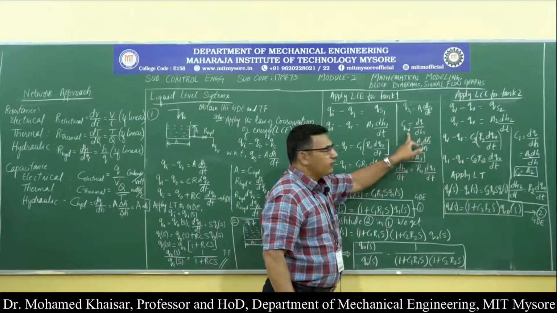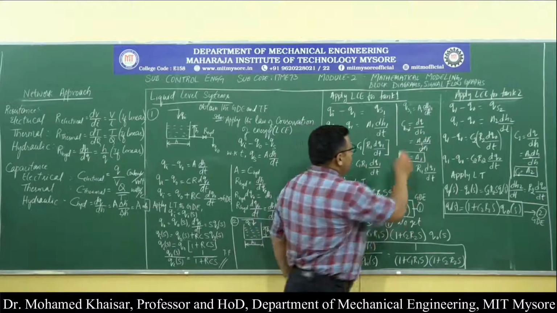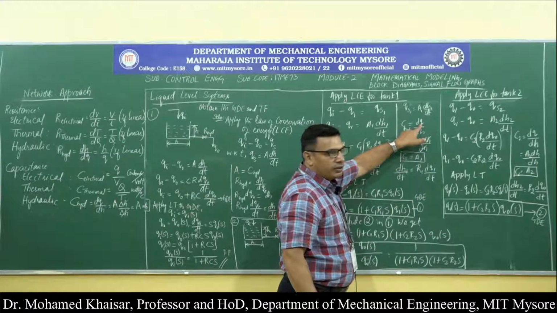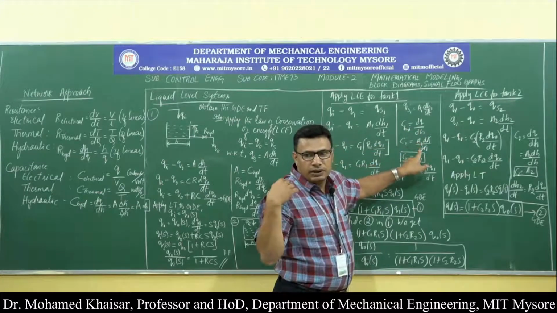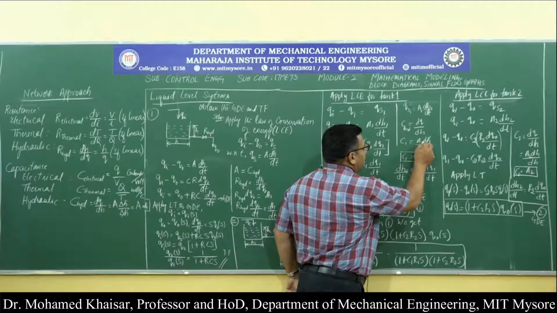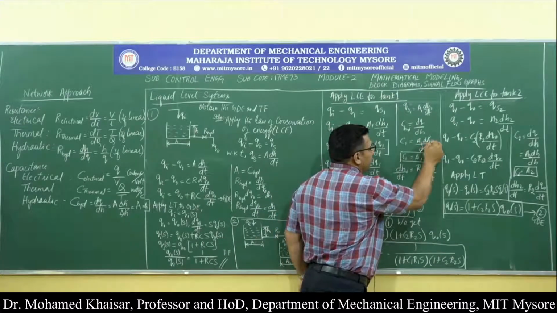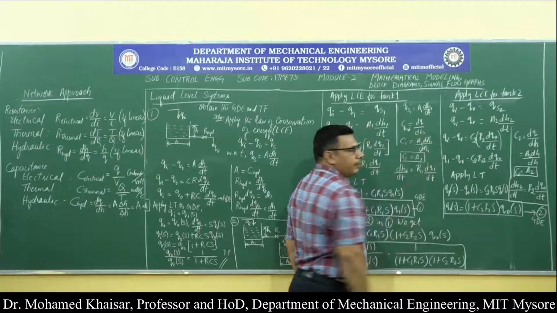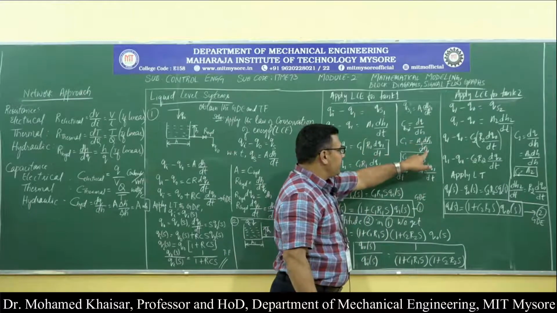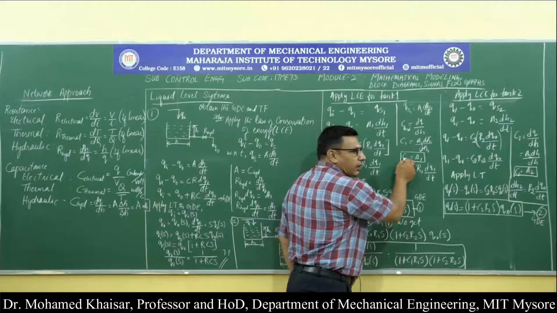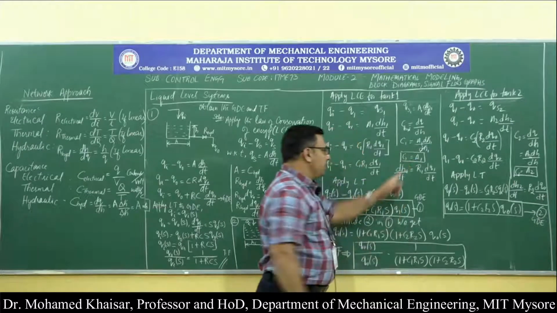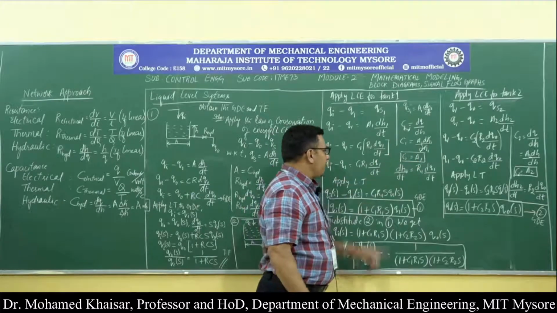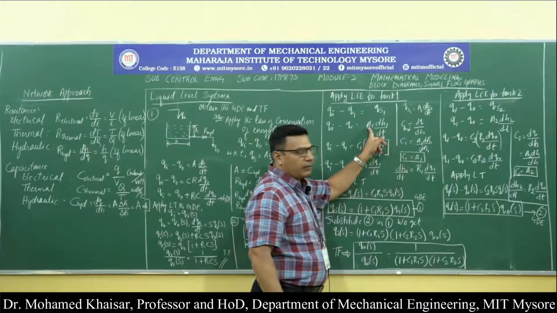Since we are considering tank 1, C1, and dq is nothing but area into the change of head, A1 is the surface area of the tank and dH1 is the change in head. So in the denominator also it will be dH1. dH1 cancels, and we are left with the hydraulic capacitance of tank 1 equal to the surface area of tank 1.